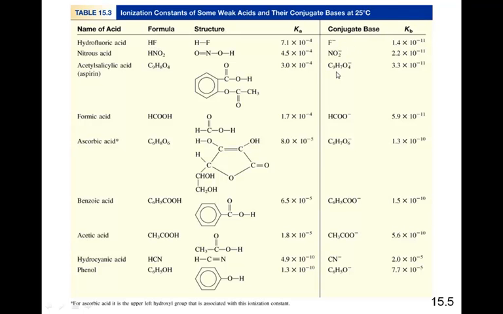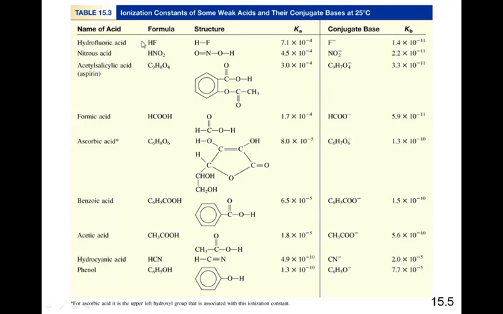Here is a list of their conjugate bases, and here's something known as Kb. We're going to talk more about this later, but obviously if you've got a weak acid, remember we said that its conjugate base is not a strong base, but it has significant base characteristics.